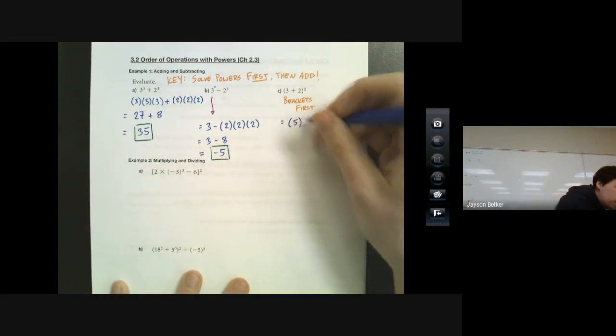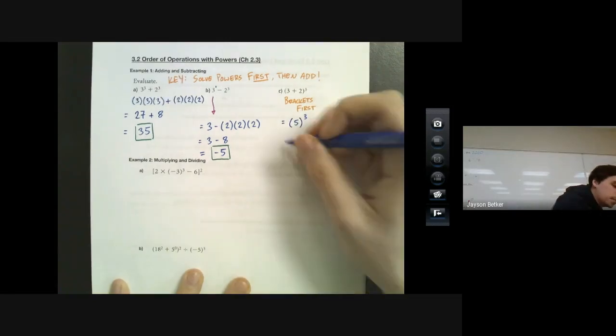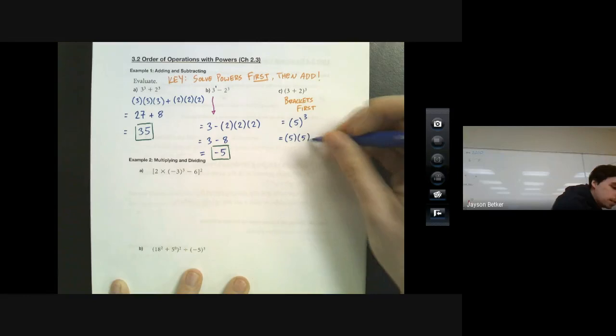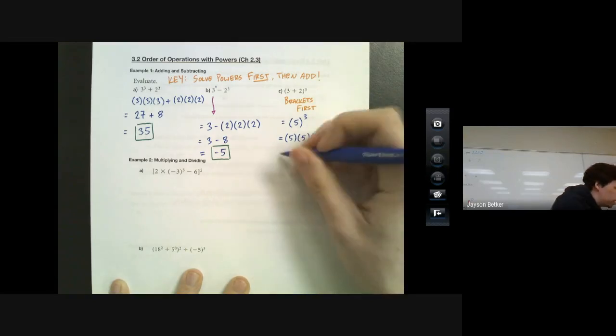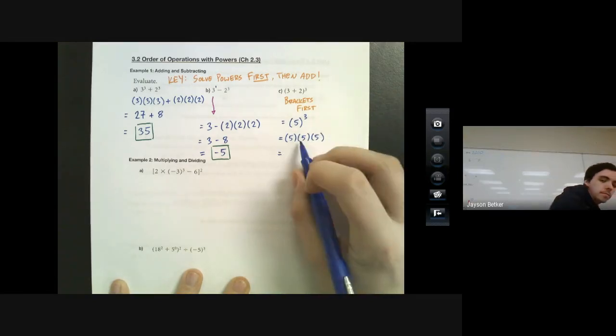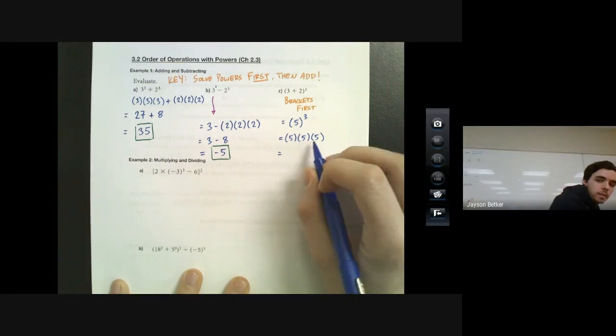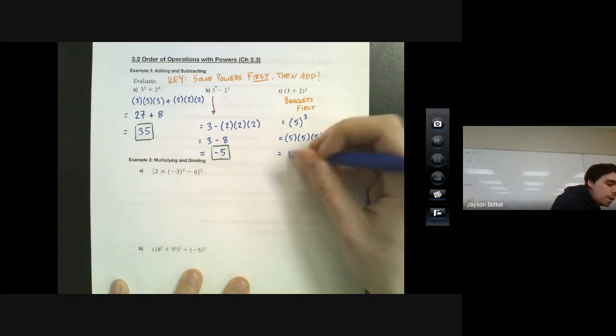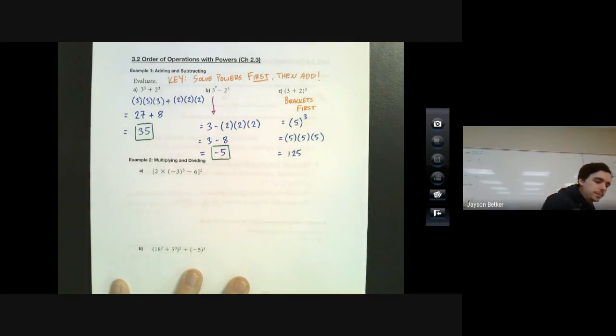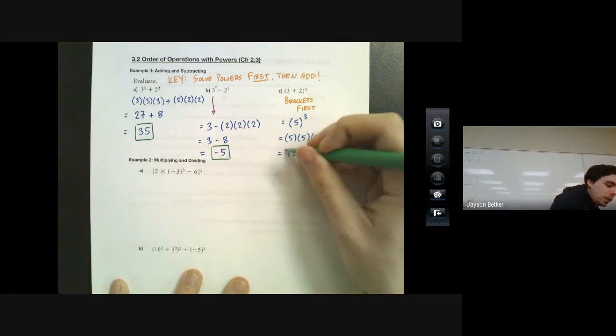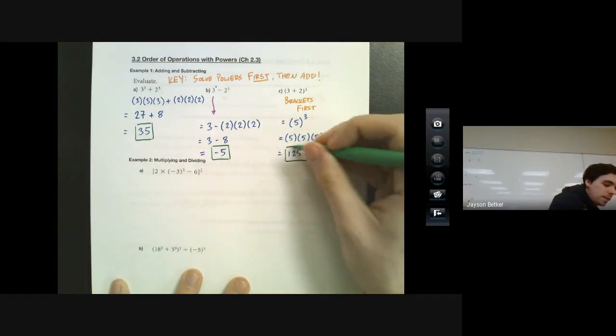And now we've got a very straightforward 5 to the 3. As a repeated multiple, 5 times 5 times 5, which gives us 5 times 5, 25 times 5, 105. We're doing great. Halfway there.